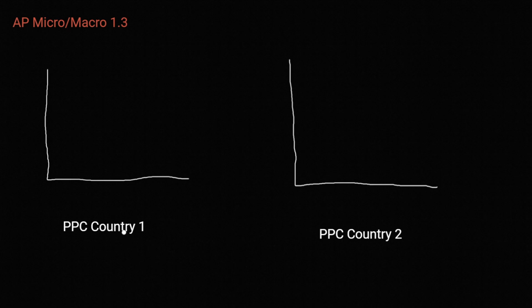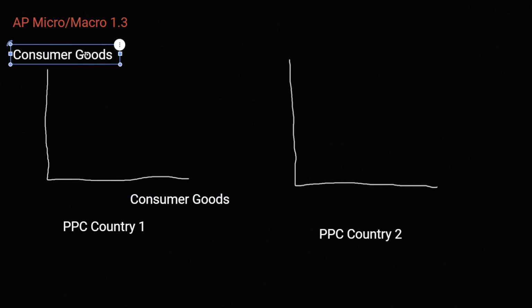So if we have two countries, and we have the consumer goods, so that is direct consumption, and we have capital goods.